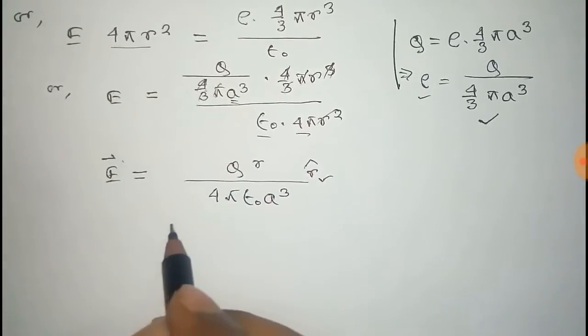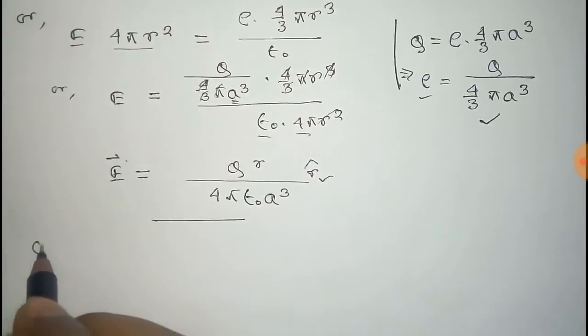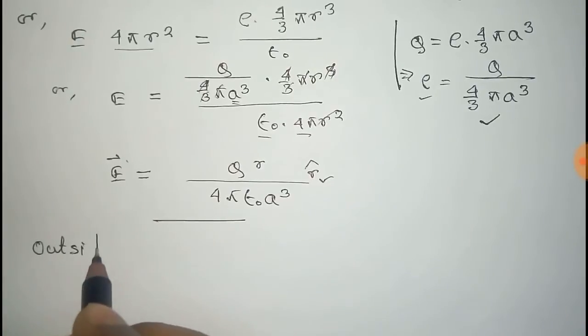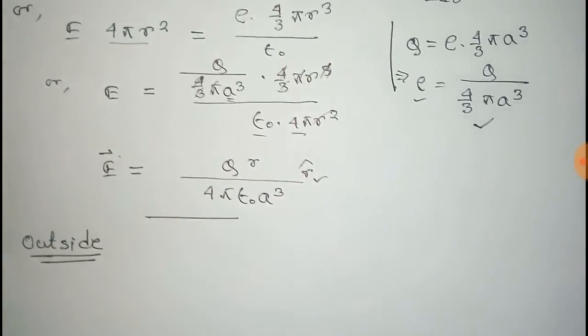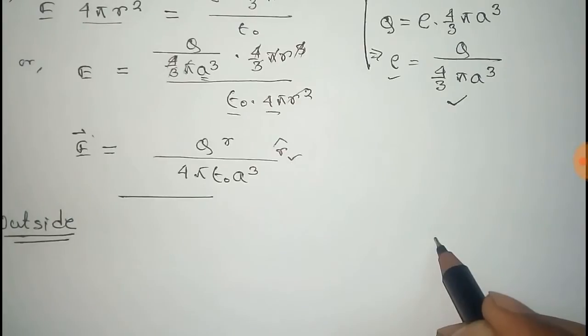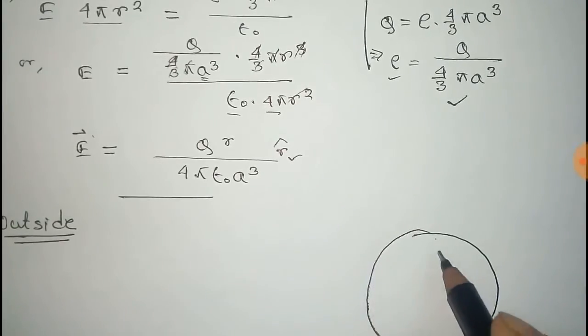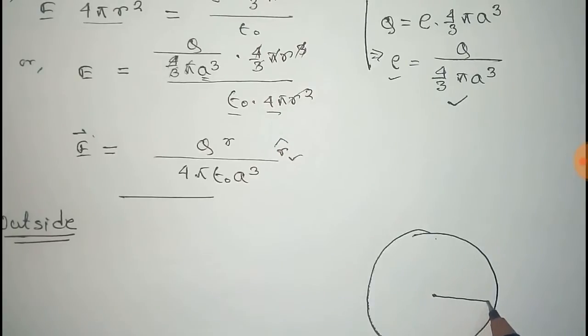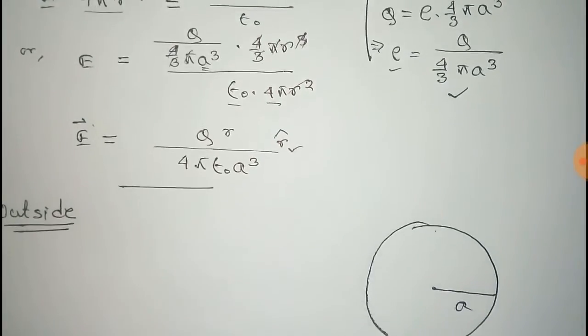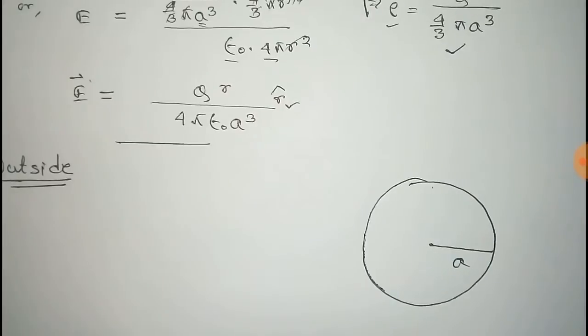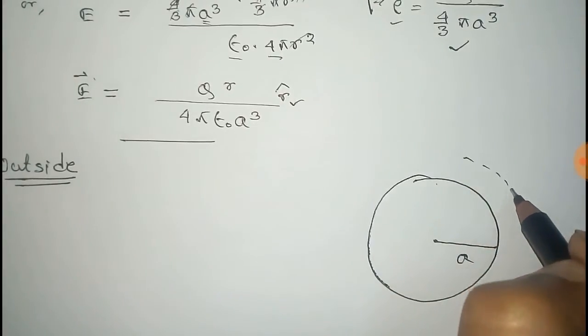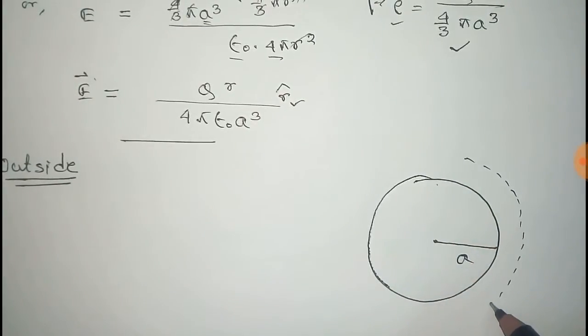Now we have to find the electric field at any outside point of the solid sphere, at a distance r outside of the sphere. So first of all we draw the sphere of radius a, and now take the Gaussian surface at a distance r from the center or origin of the sphere.